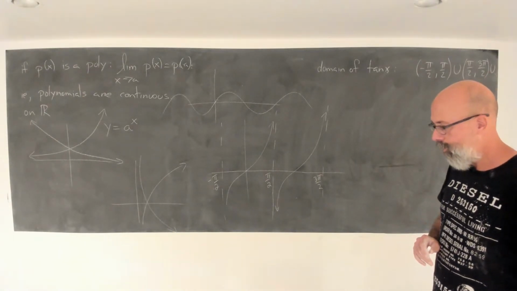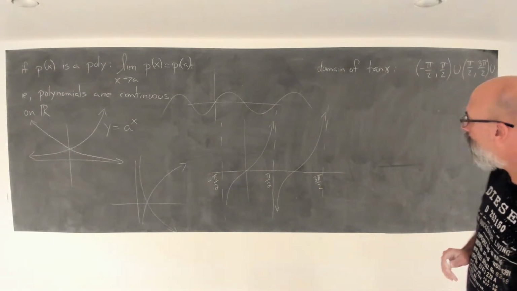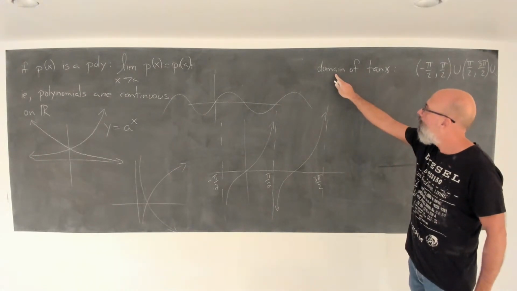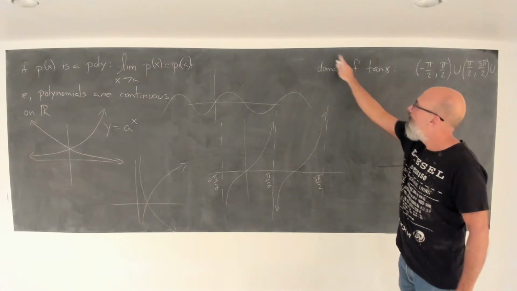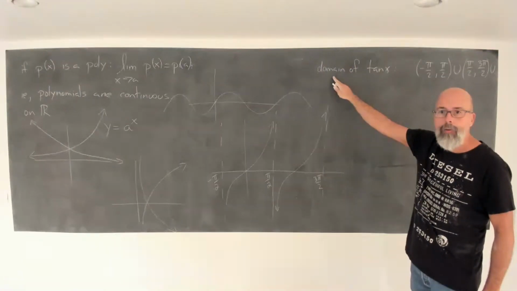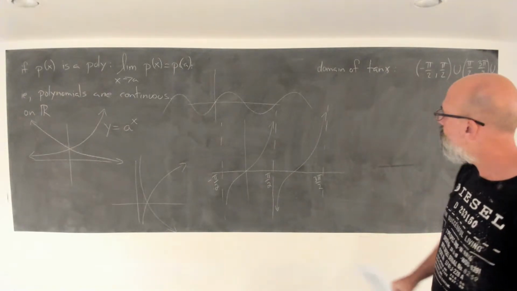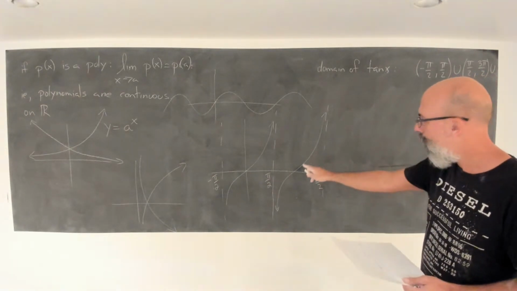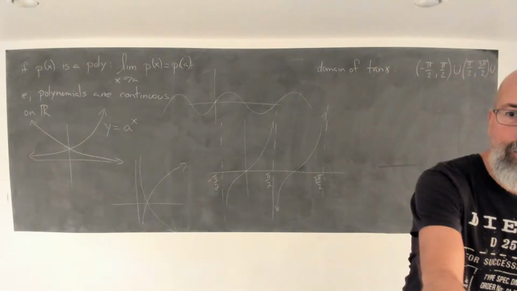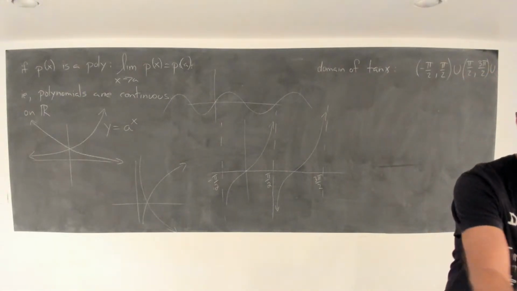And you know, this is only a calculus class, so we're going to go with that. But really, the real answer is you can only talk about continuity in the domain. And since pi over 2 is not in the domain, there wouldn't be any talk of continuity there.